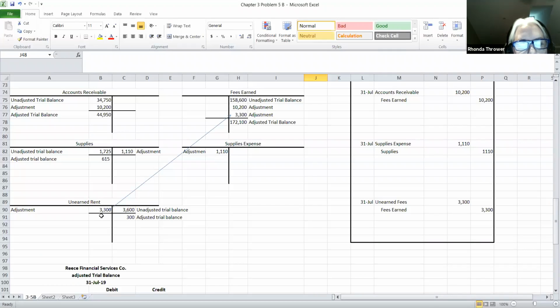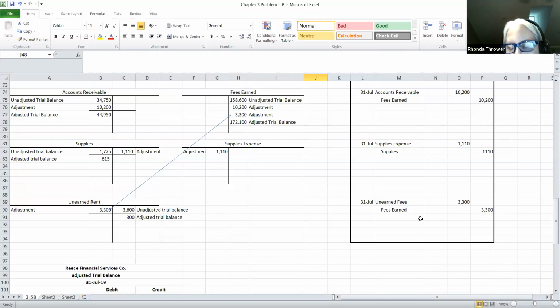We're making it go down on the debit side. We're going to make our fees earned increase on the credit side. So my unearned rent is debited for $3,300 and my fees earned is credited for $3,300 in the journal.